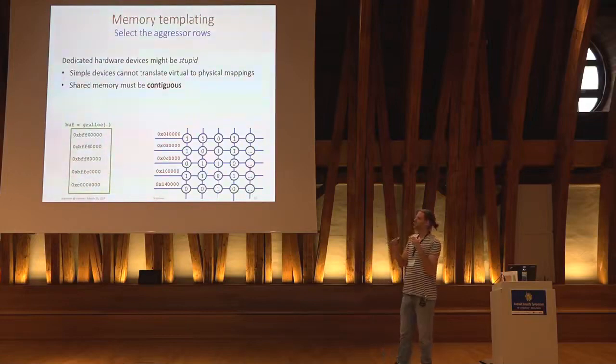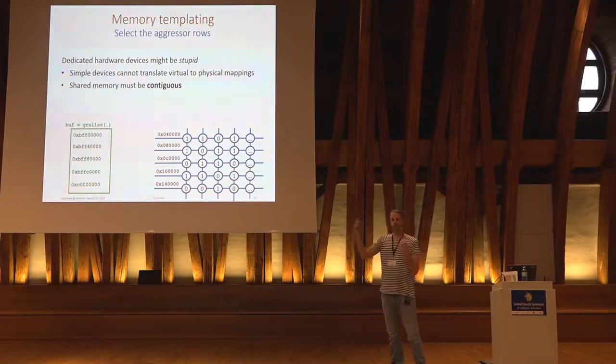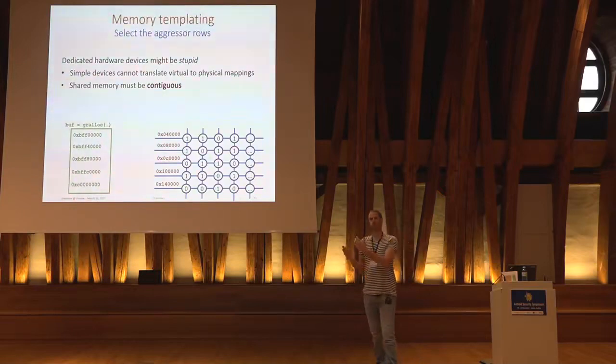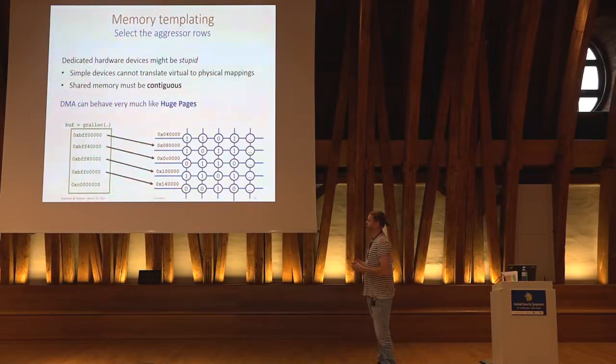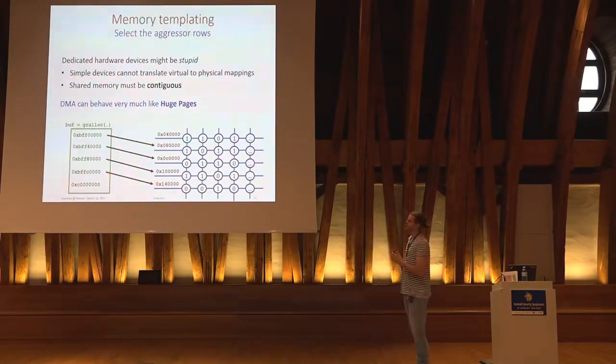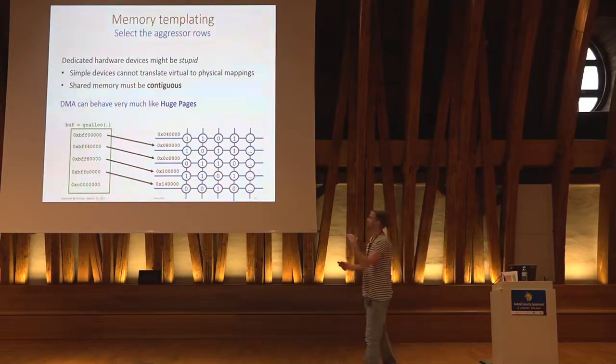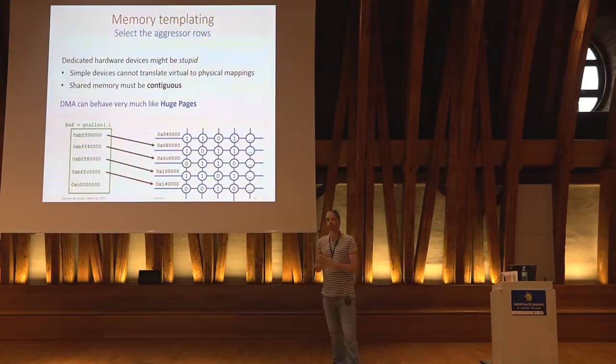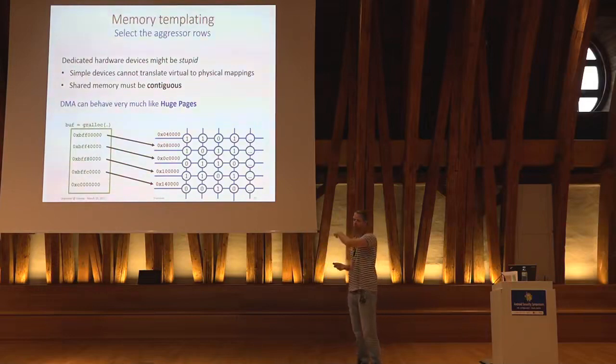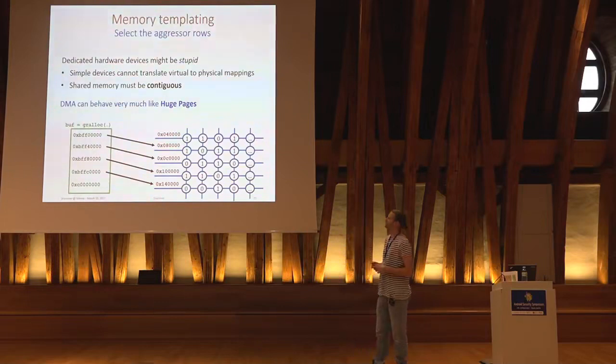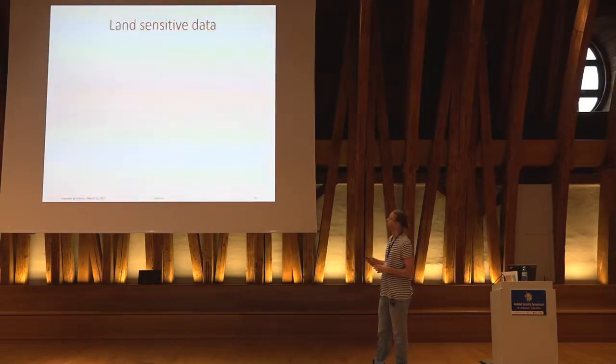So if you want DMA memory sharing with one of these simple devices, there must be a way to have memory that is contiguous as well. In Android, it used to be the case that you could get DMA memory that is also physically contiguous. Then it behaves very much like huge pages. You get allocations in your software, and this is all pointing to memory that is contiguous in physical memory. So we could use this to address the second challenge.